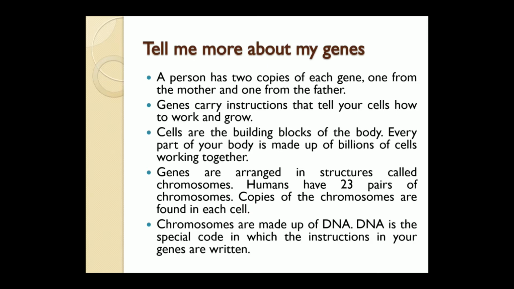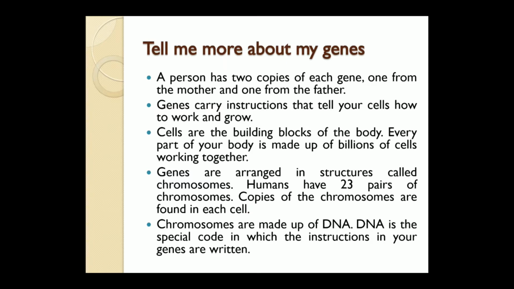Each and every organism has a different set of DNA and different characteristics of genes, but the chromosome number is conserved within the species. In humans, we have 23 pairs of chromosomes, and among those 23 pairs, 22 are autosomes and one pair is the sex chromosome.